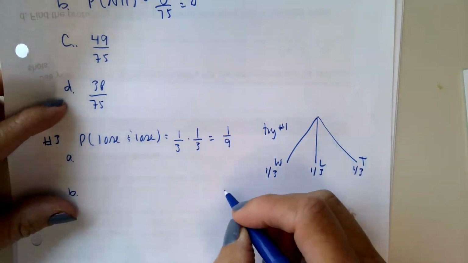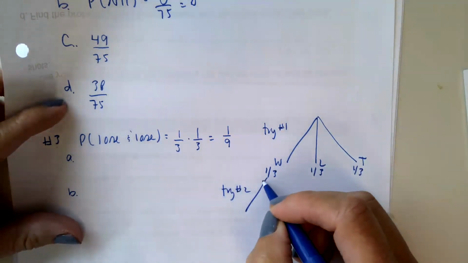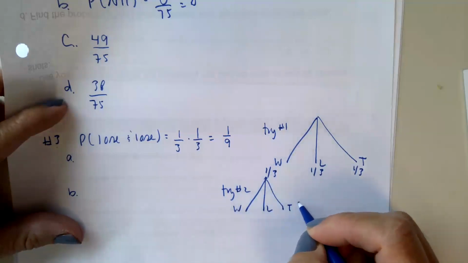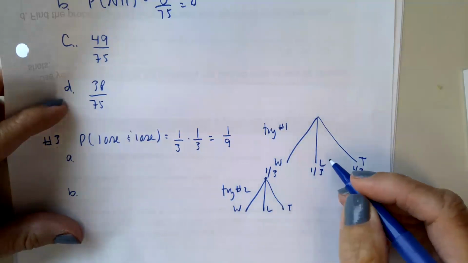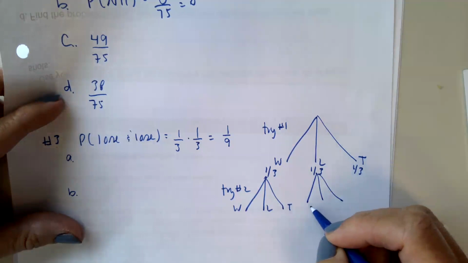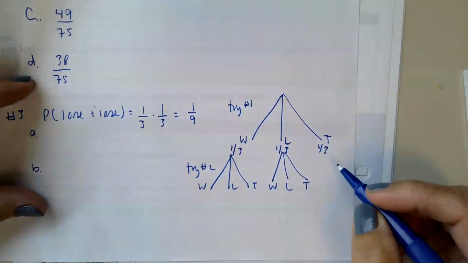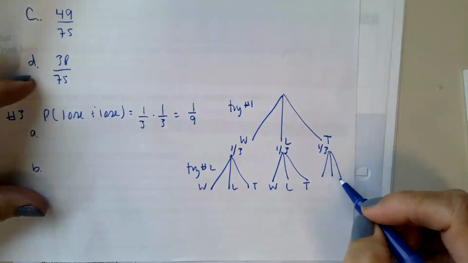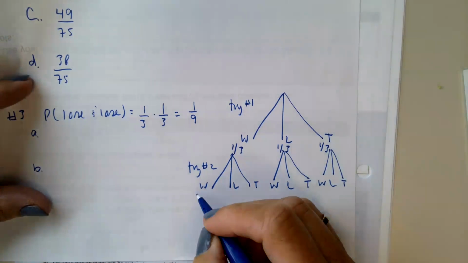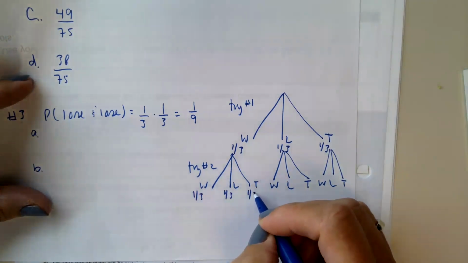And then on try number 2, I could win, lose, or tie. And if I lost on the first one, I could still win, lose, or tie on the second try. And the same with if I tied on the first one, I could still win, lose, or tie on the second one. And each of these are again 1/3 if we fill this out.